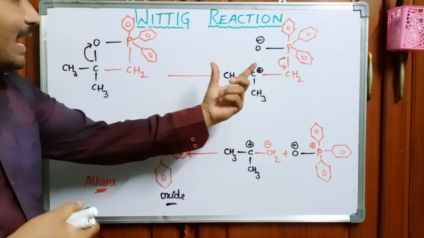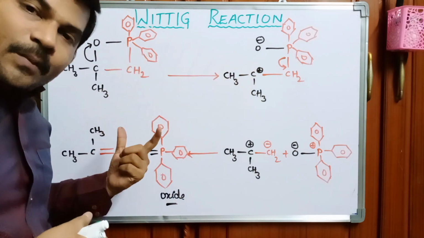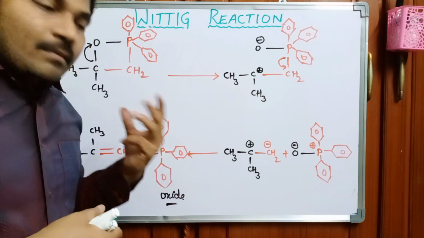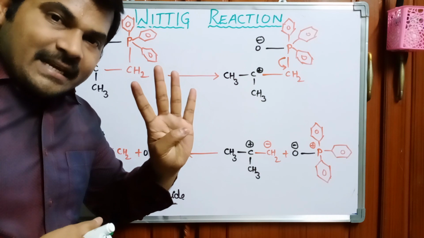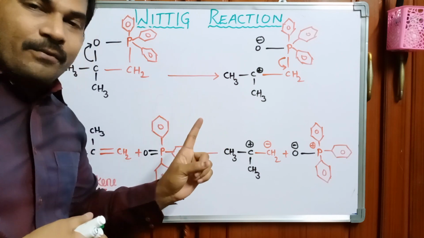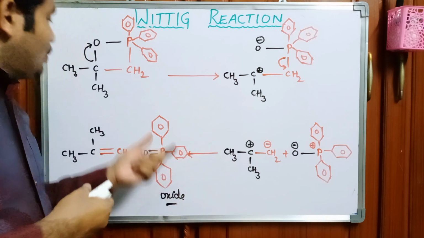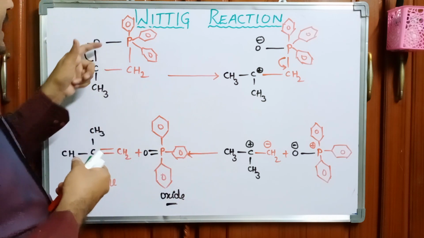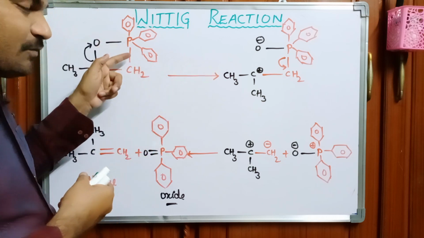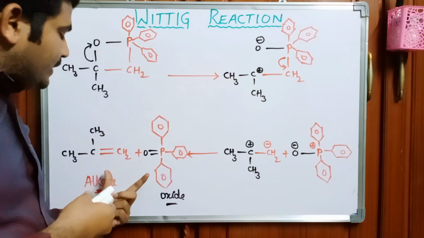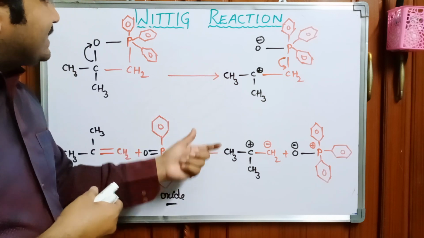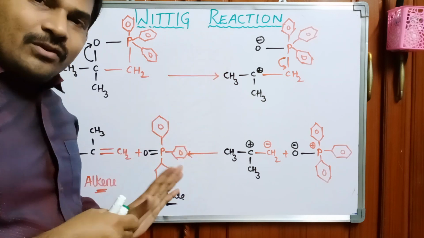That ylide reacts with our carbonyl compound to yield an unstable 4-membered heterocyclic ring called oxaphosphetane. That is step 1. In step 2, the 4-membered heterocyclic ring, oxaphosphetane, undergoes cleavage to yield alkenes and oxides. Okay. With this, the Wittig reaction mechanism is over.